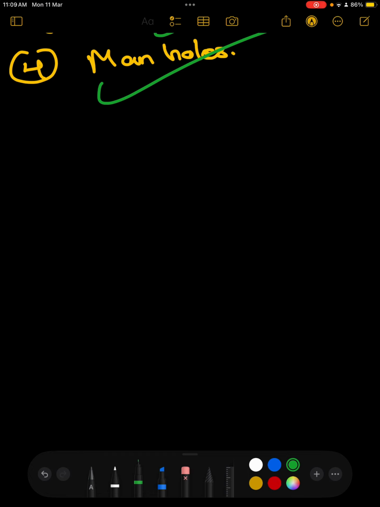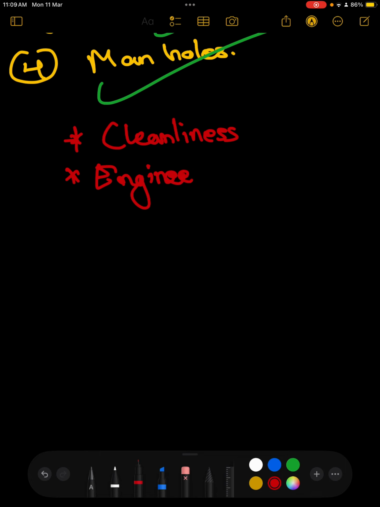Now, what does the drainage system imply to us? Number 1, cleanliness. Once again, engineering skills.